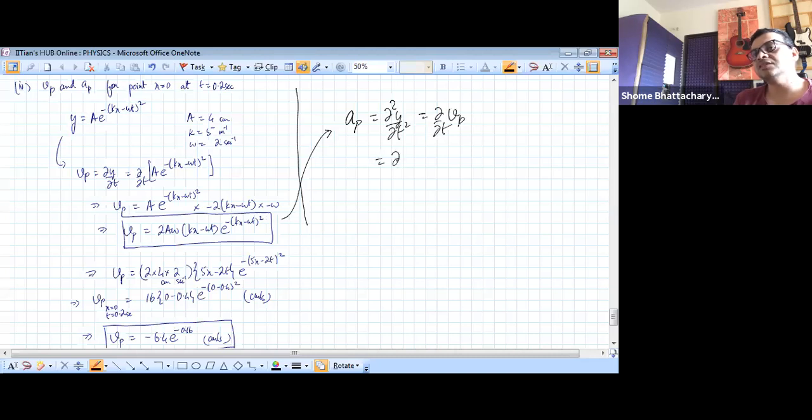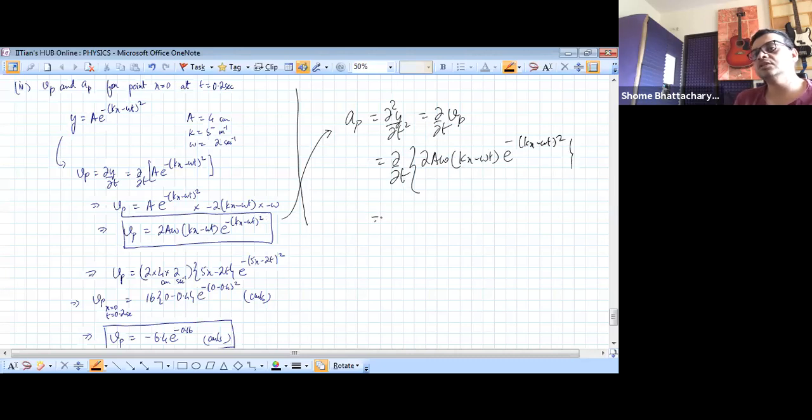So it's going to be partial differentiation with respect to time of this function, 2A omega into (kx minus omega t) into e raised to the power minus of (kx minus omega t) whole square. So we're going to have to apply the product rule now.